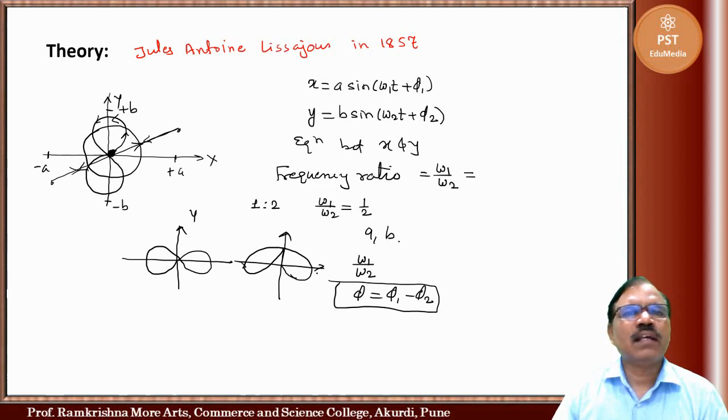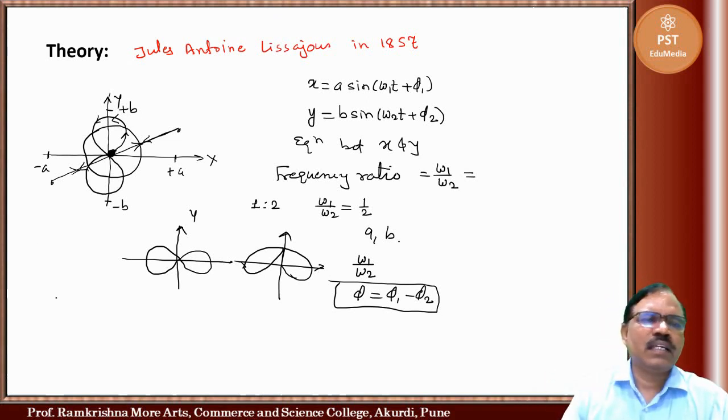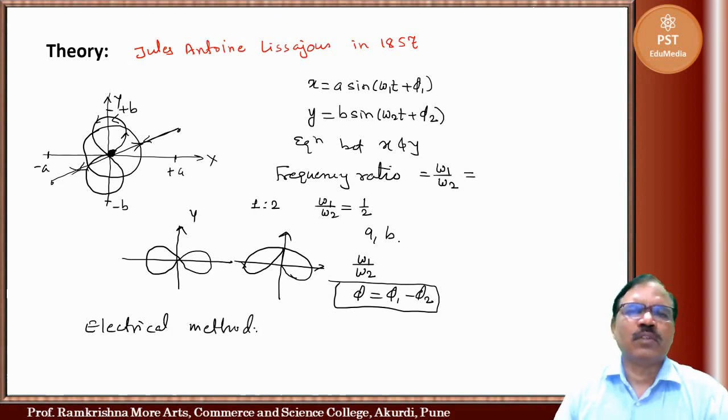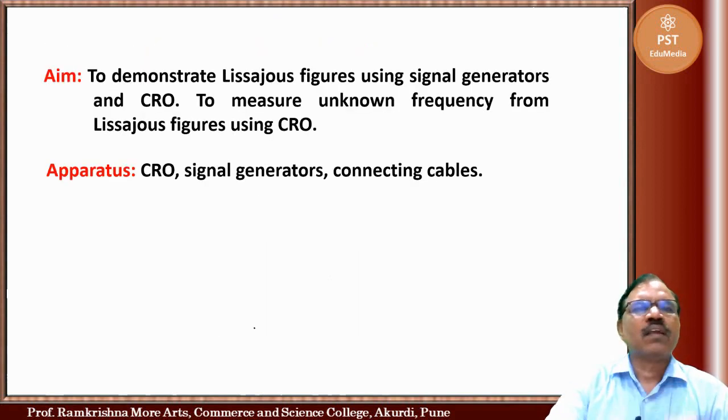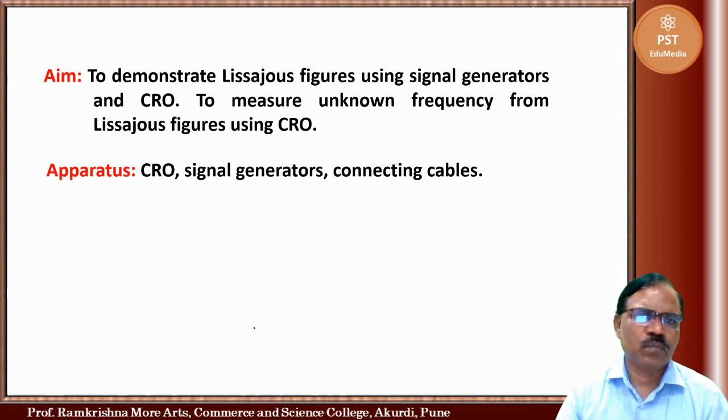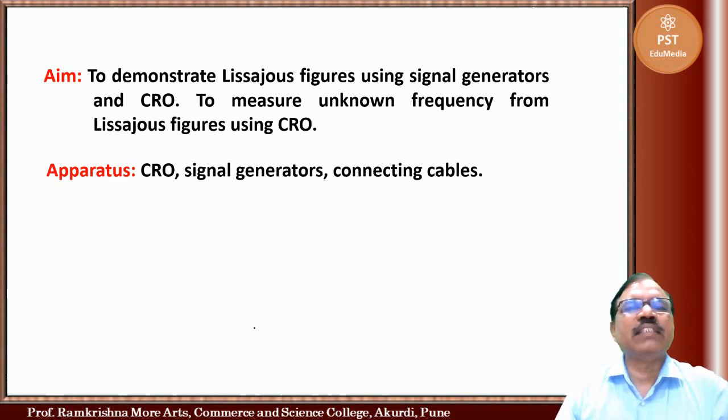Now here Lissajous figures can be demonstrated in a number of ways. There are mechanical methods, optical methods, as well as electrical methods. Here we are going to use the electrical method to demonstrate Lissajous figures. So the aim of our experiment is to demonstrate Lissajous figures using signal generators and CRO, and to measure an unknown frequency from Lissajous figures using CRO.